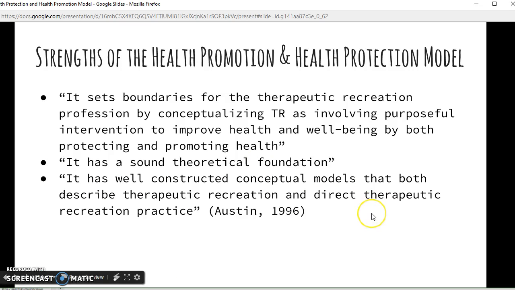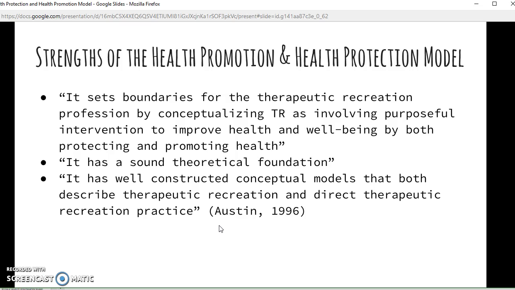All right, so some of the strengths of this model, the health promotion, health protection model, is one, it sets boundaries for the therapeutic restoration profession by conceptualizing the tiaras involving purposeful intervention to improve health and well-being by both protecting and promoting health, hence the name of the model.